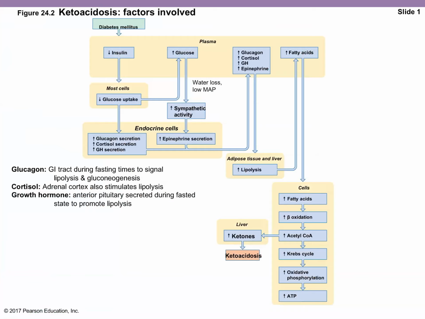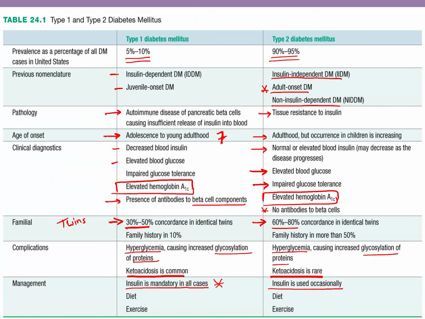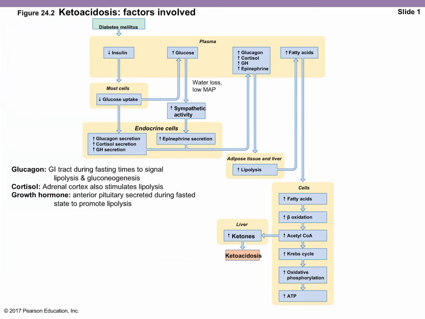In the acute realm, there's diabetic ketoacidosis. So this is the flow chart we see here, and this is a common side effect of diabetes type 1. So remember we said that ketoacidosis is common here. All right.